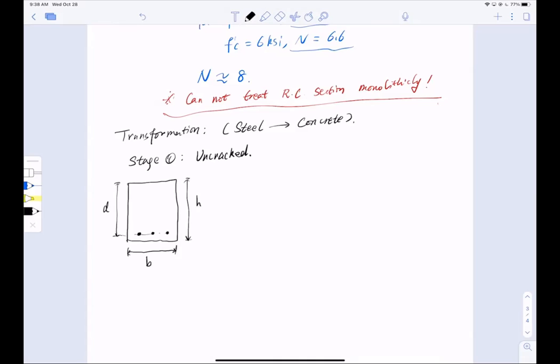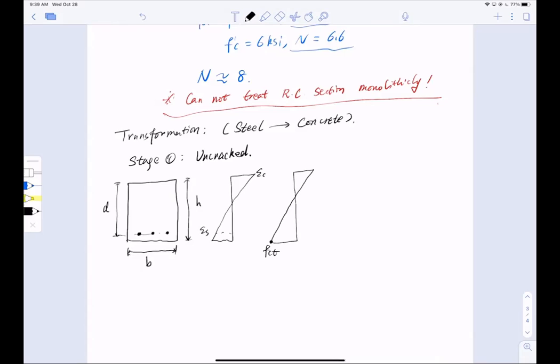First of all, let's take a look at the strain distribution. It is linear because it's uncracked. I have a concrete strain here and steel strain right here. At the end of the linear stage, I know for a fact that I have reached the tensile strength of concrete at the bottom fiber.